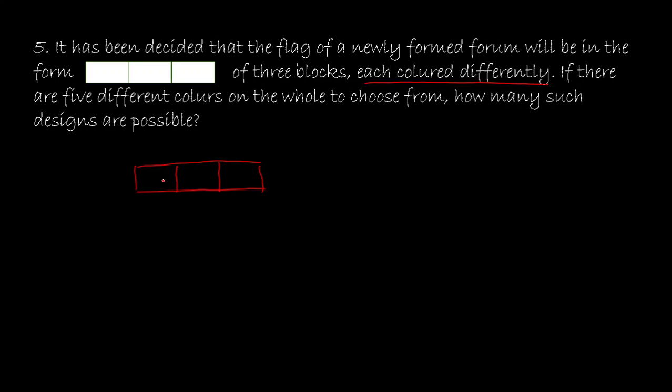Okay, for the first block, we can choose, the first block can be colored in 5 ways. To be colored differently, the second block can be colored in only 4 ways, because one color has been used for the first block, and there are 4 remaining colors to choose from.